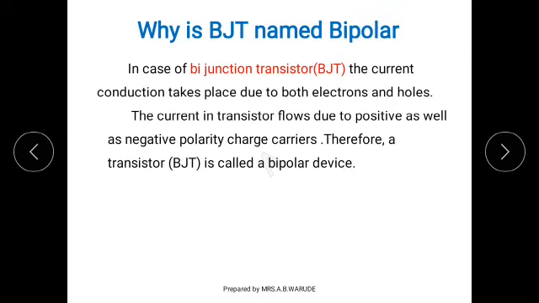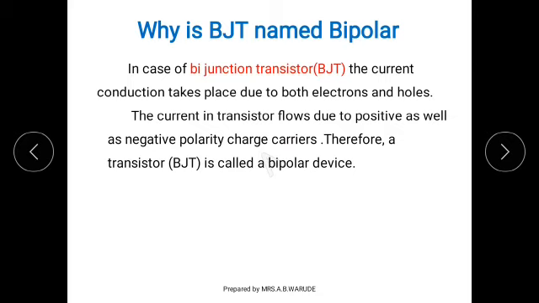Then what is meant by BJT, or why is BJT named as bipolar? In case of bipolar junction transistor, that is BJT, the current conduction takes place due to both the electrons and the holes. In NPN transistor, the current is governed by the electrons as majority charge carriers as well as the holes as minority charge carriers.